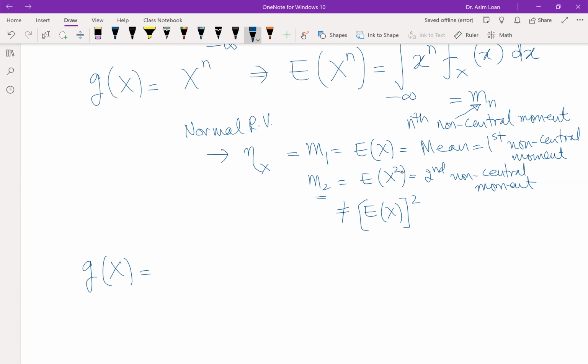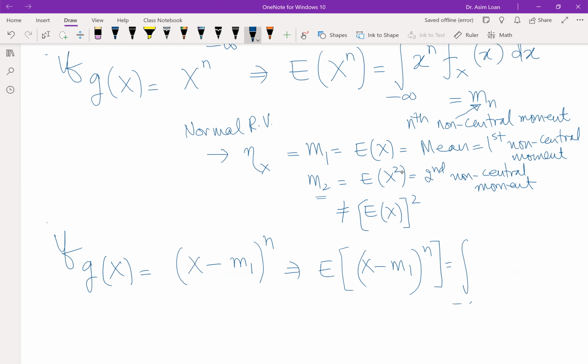If g of x is centered around some number, suppose the mean m1, so g of x is (x minus m1) to the power n. Then the expected value of (x minus m1)^n is, by definition, the integral from minus infinity to infinity of (x minus m1)^n times the density function of x dx, because the random variable is x.